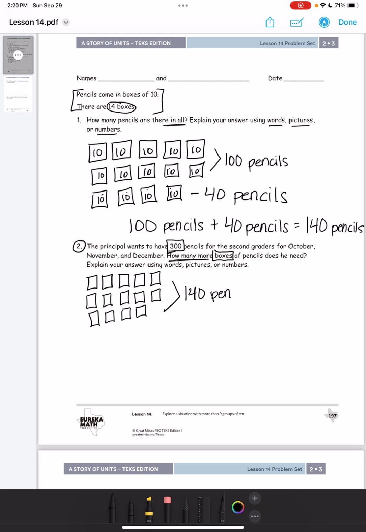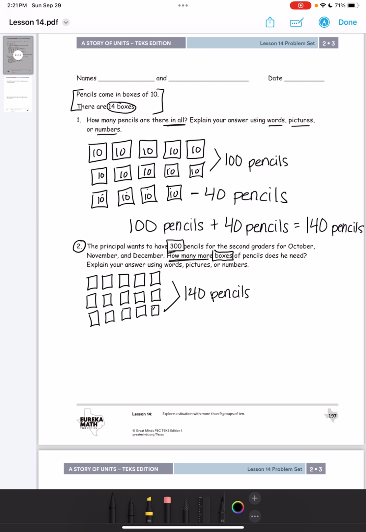So I need to figure out how many pencils to add to get to 300 pencils. So if I'm at 140, I need to add 10, so that would be 150. I'm going to color it in to show that it is not part of the original ones.